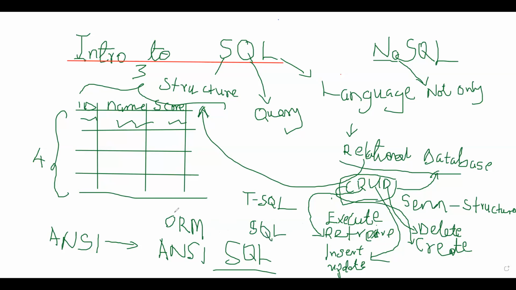ORM stands for Object Relational Mapper. It makes the life of software developers easy. But here, there's no such thing as making anybody's life easy. You just have to learn it. So these are some of the things SQL does.